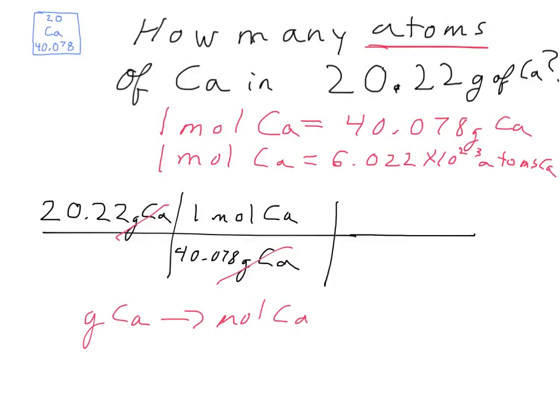So I'm going to place moles where they cancel out. Place atoms where they'll be left. Keep the numbers with their units. Multiply everything on top. Divide through by everything on the bottom.